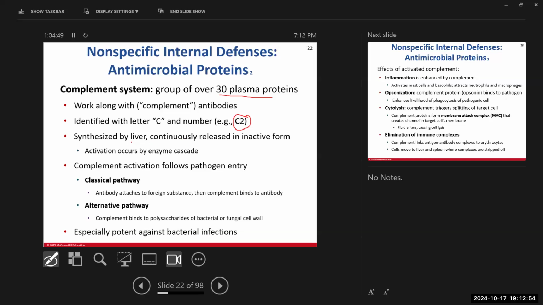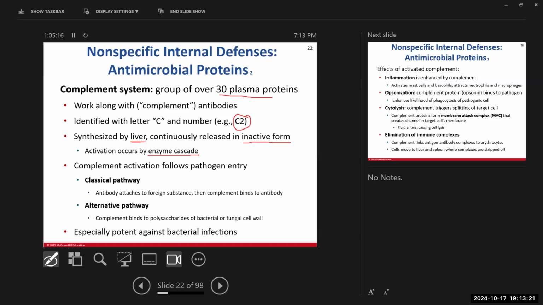So where does complement come from? You guessed it, the liver. And so complement, much like angiotensinogen, is made all the time, and it's released in the inactive form here. So again, it's just constantly on hand, and we'll use it in case of emergency, break the glass. And when we do, we're going to see this enzymatic cascade occur like we saw with inflammation.